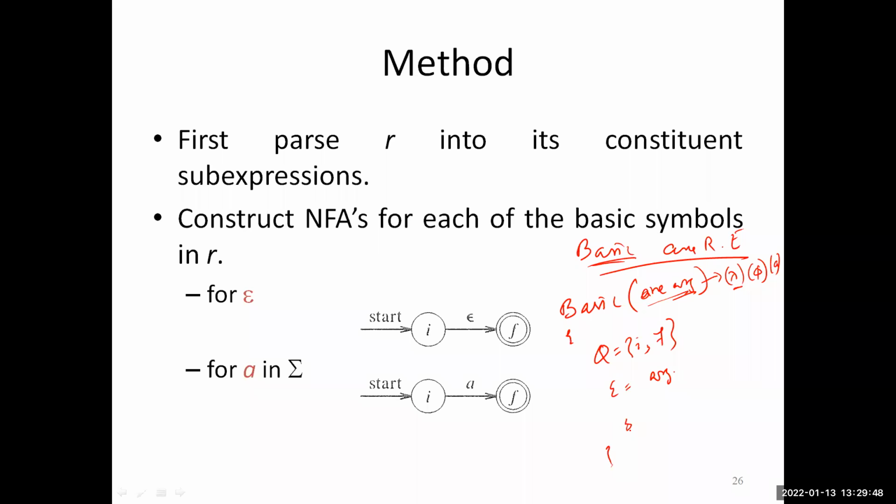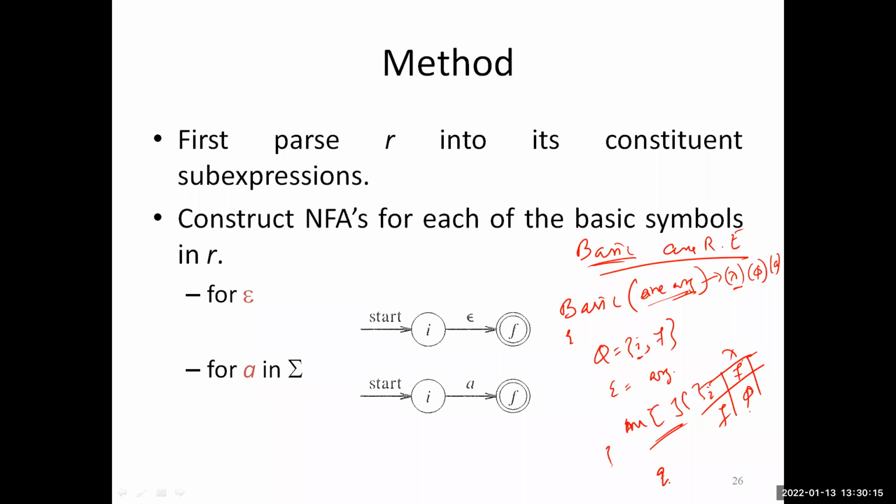What is delta? Delta will be a transition function, right? It will be a movement. So it will be a matrix. The matrix will contain a number of rows and columns depending on the number of inputs. So there might be 2 rows, I and F, and 1 input, lambda. So the resultant is going to be here F, and here phi.